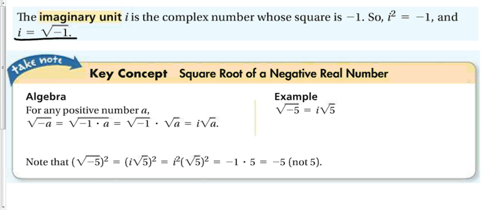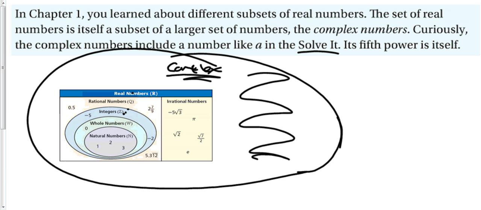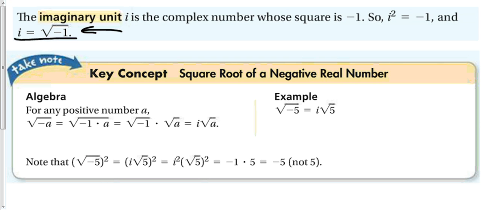Well, you're probably thinking, but it's a negative underneath the square root. I'm not allowed to do that. True, in the real number system you are not, which is why we are not inside the real numbers anymore. We're talking about numbers that are outside the real numbers. So we know that i is equal to the square root of -1. It's an imaginary number, the imaginary unit.